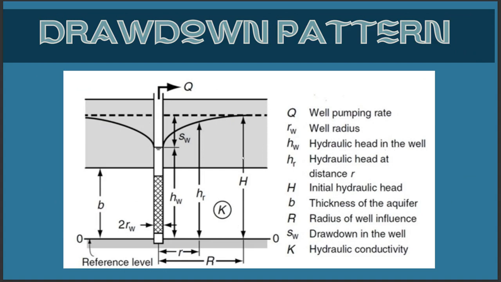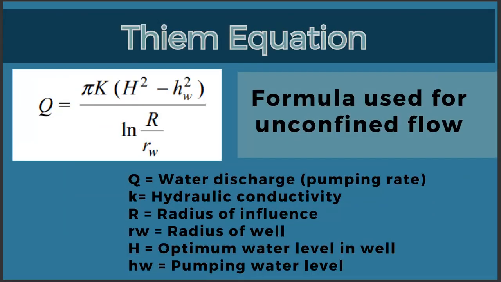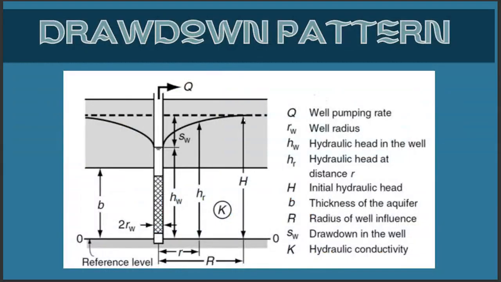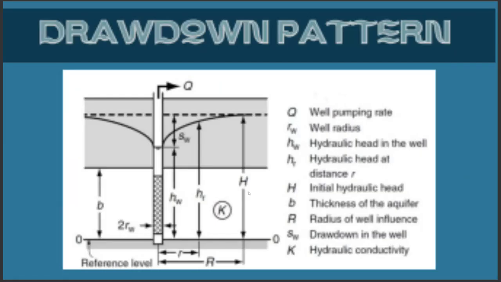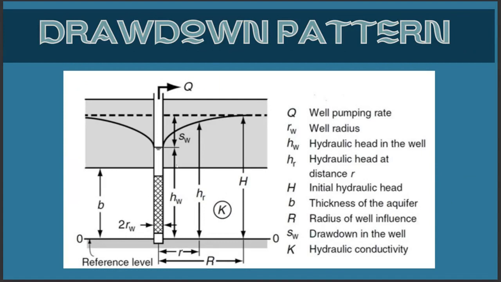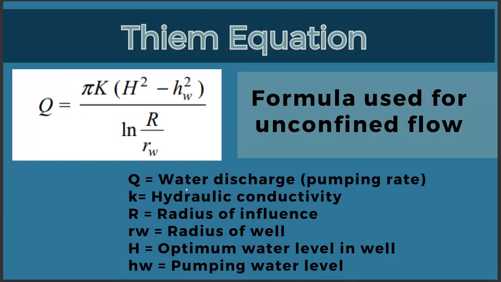And the initial hydraulic head is this capital H. And then HR is the hydraulic head at a certain distance R. So, for unconfined flow, this is our formula, pi K times H squared minus HW squared over LN of R over RW.